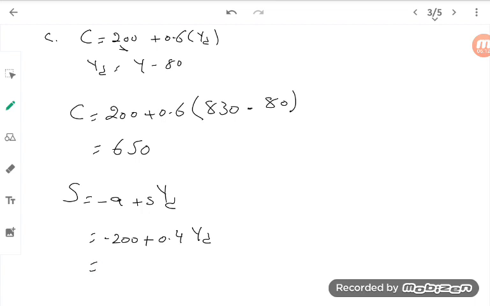So we can write it as negative 200 plus 0.4 multiplied by (830 minus 80). It's 100.